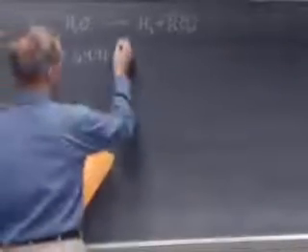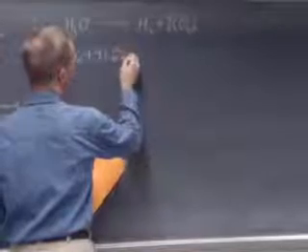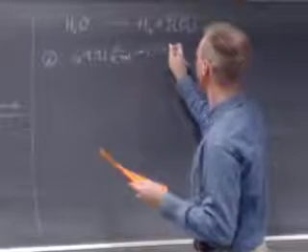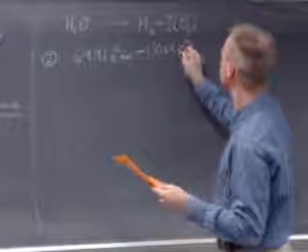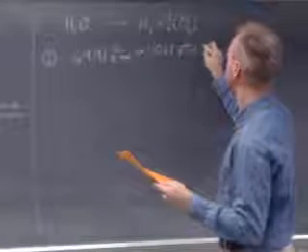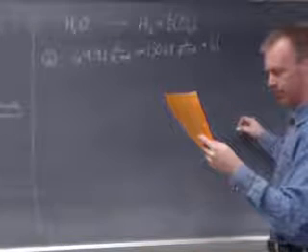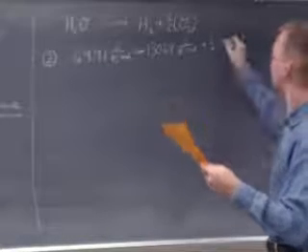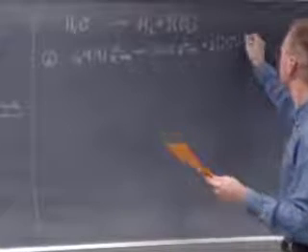And the units there? Joules per Kelvin mole. What about for diatomic hydrogen? 130.68 joules per Kelvin times mole, plus 1/2 times what for diatomic oxygen? 205.14.